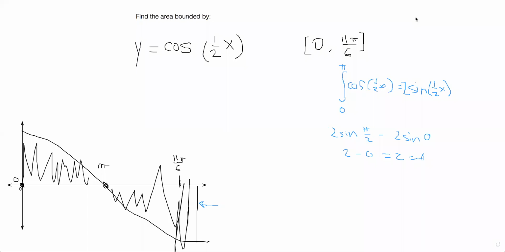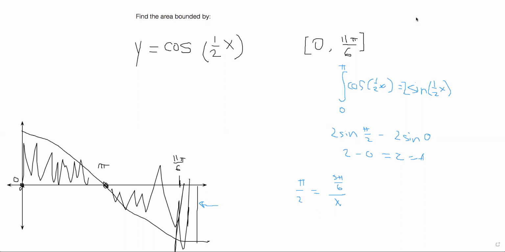I created a ratio where pi over 2 is equal to 5 pi over 6 over x. It's a relationship that says when the domain goes all the way to pi, the area is 2.